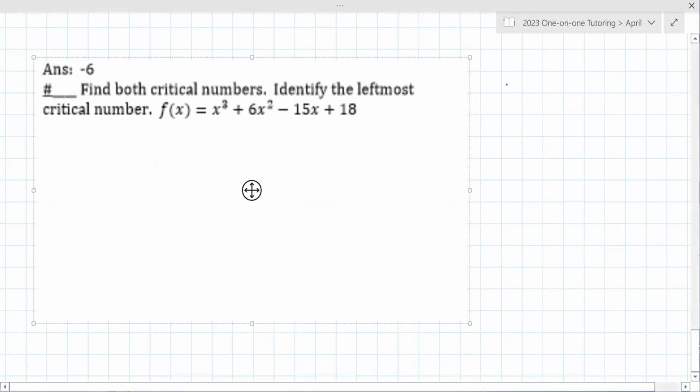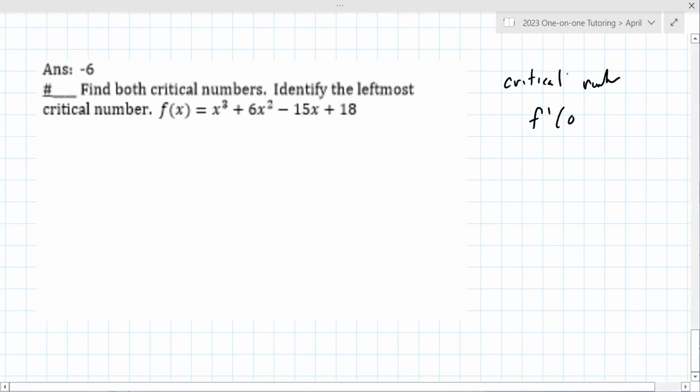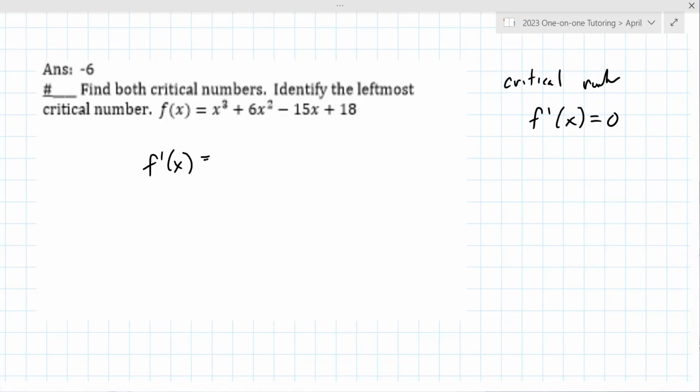What is a critical number? What does that actually mean? When the derivative equals 0. That's right. Derivative equals 0. Can you calculate the derivative of this one for us, please? Yes.